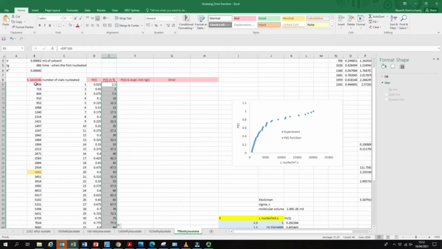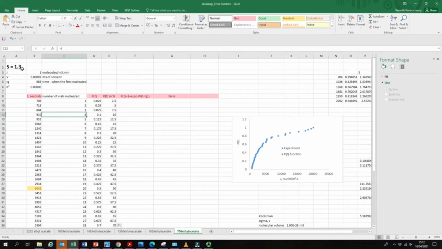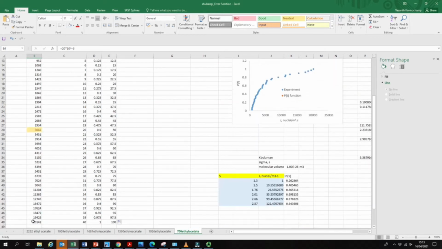What this experiment states to us is, if you start an experiment with a solution of supersaturation 1.3, and you perform that experiment in a 20 ml solution, which is roughly 0.0002 meter cube (we just converted ml to meter cube of solvent), then the probability of nucleation for 100% nucleation will be around this number.